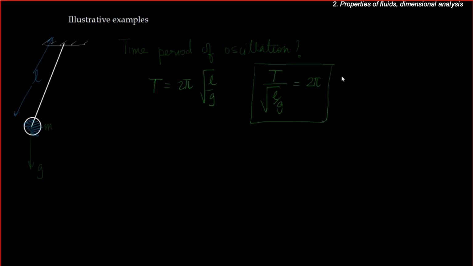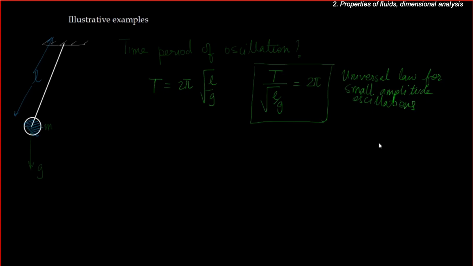And this is a universal law for small amplitude oscillations, meaning if I take a whole bunch of pendulums which have a concentrated mass, not the ones shown in the figure, but they need to have a concentrated mass at the end.